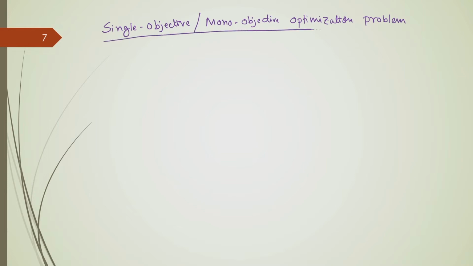Today I am going to discuss this single objective or mono objective optimization problem, which consists of only one objective function. Now, this objective function may have 2-3 components, but it is essentially representing one function. So, that is why it is a mono objective or single objective optimization problem.